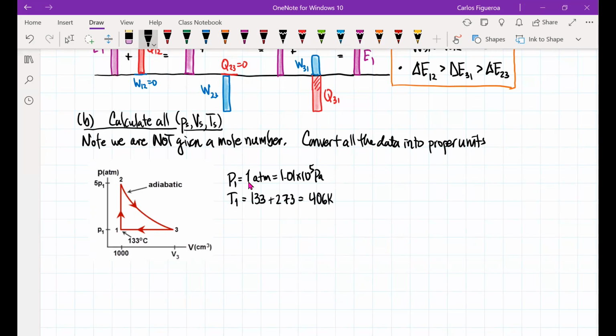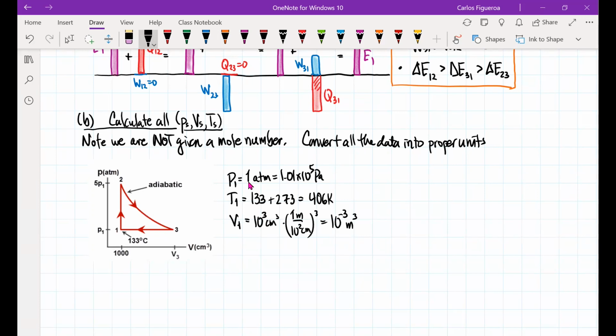And then finally, you can see that we have V1. V1 is 10 to the 3, and I'm going to convert centimeters into meters. So maybe I should put centimeters cubed right here. If I convert that, this is going to be 1 meter over 10 to the 2 centimeters, and then I have to cube it, and that gives me 10 to the minus 3 meters cubed.